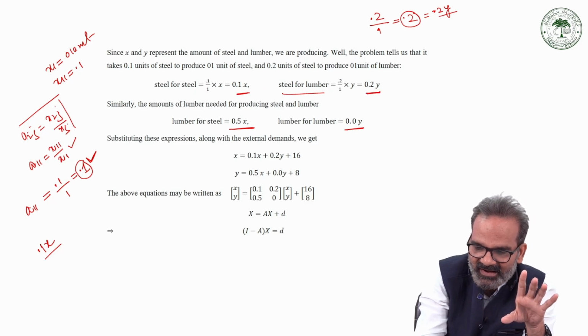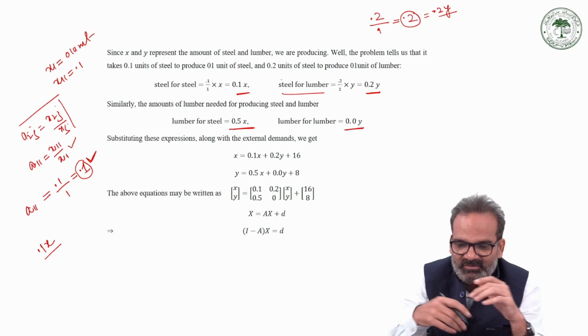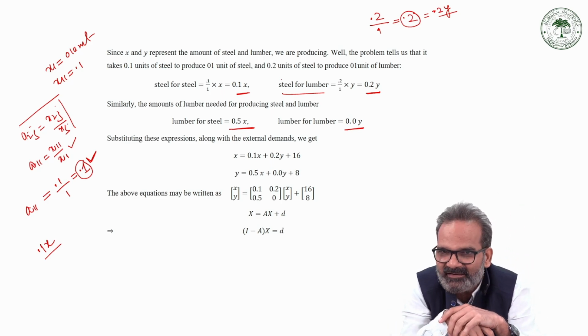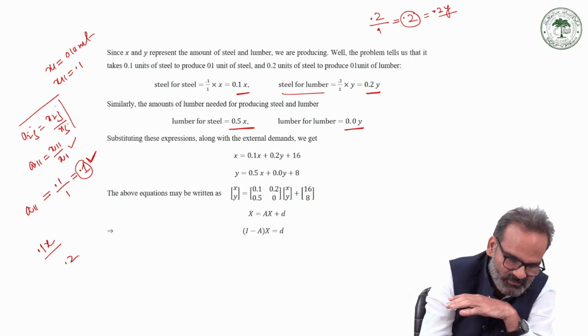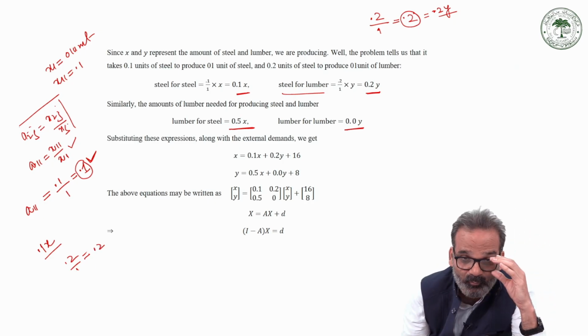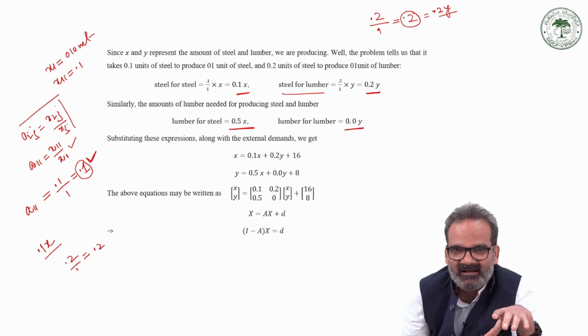Similarly, 0.2 units of steel are required to produce 1 unit. So 0.2 divided by 1, you will get 0.2. This is 0.2 units of steel required to produce 1 unit of lumber.